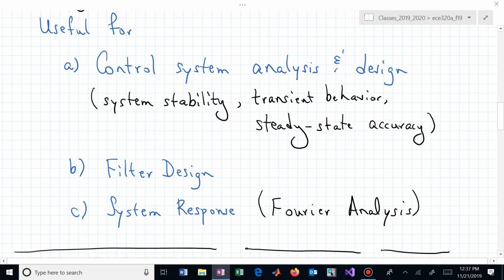You can say, how is it going to behave? If I now kick this system, how is it going to respond? Or if I'm maybe in a car and I say, follow 10 degrees, how close is it going to track that 10-degree set point that I want it to follow? That's the steady state accuracy.